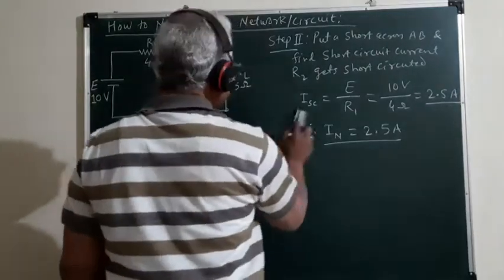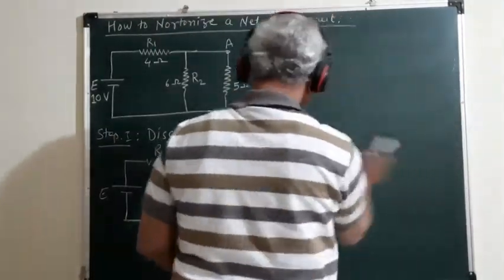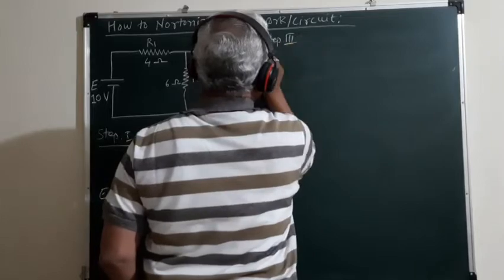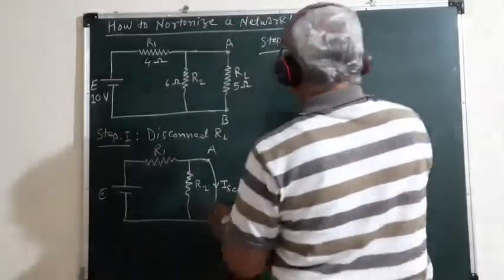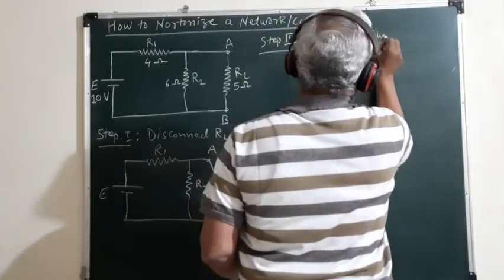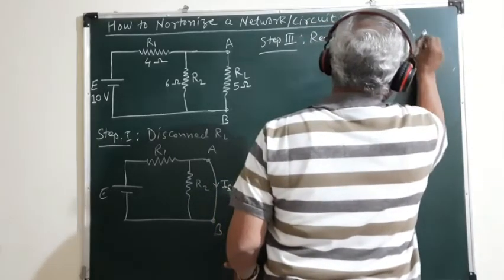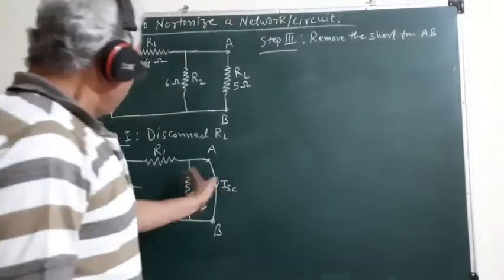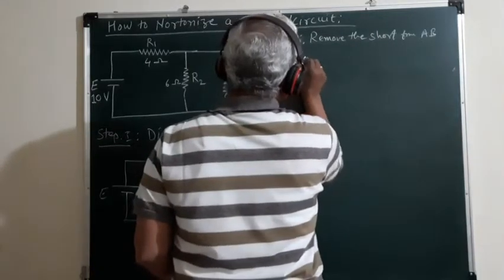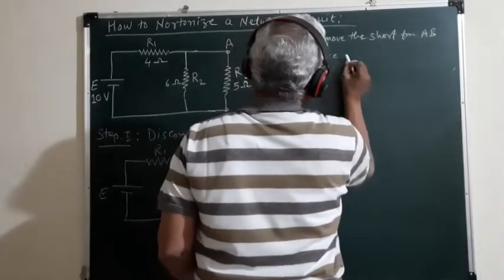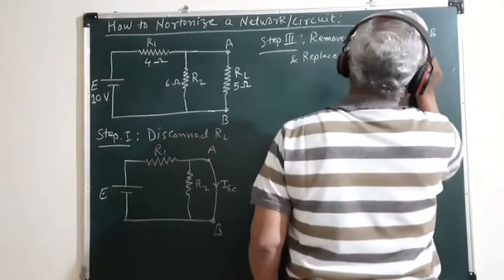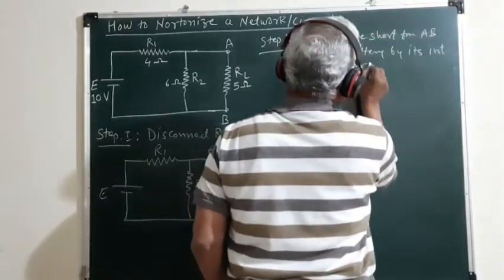So step 3 is to remove the short from the terminals A and B, such that they are again open circuited, and replace the battery by its internal resistance.